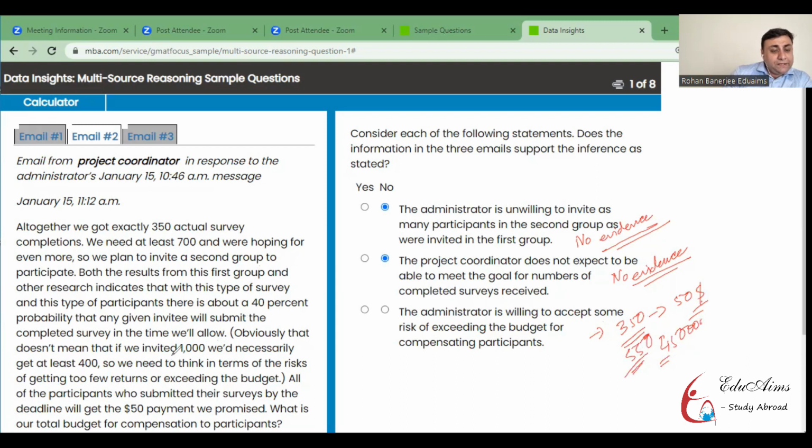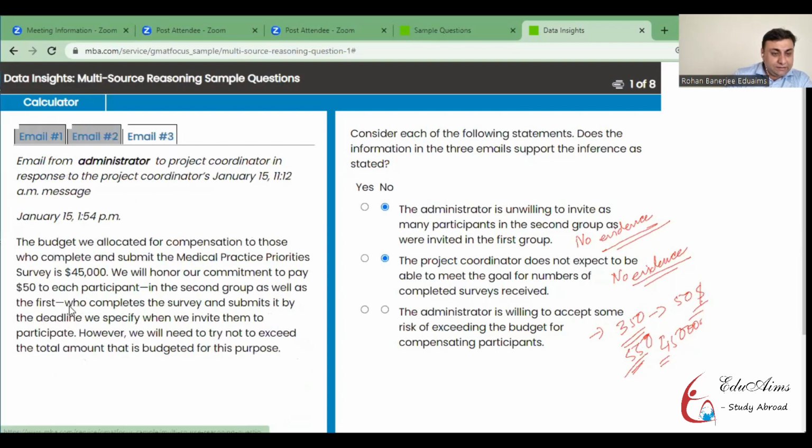Now, obviously, that doesn't mean that if we invited 1,000, we'd necessarily get at least 400. But overall, in the third email, you will see that, however, we'll need to try not to exceed the total amount that is budgeted for the purpose, right?